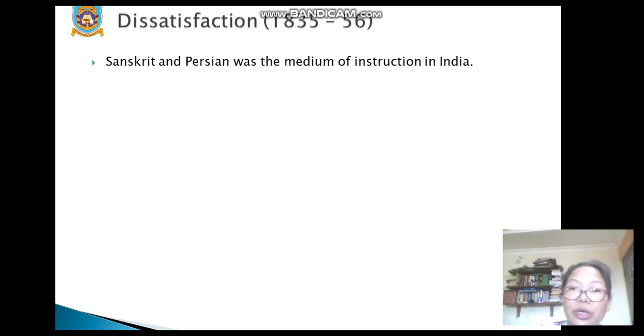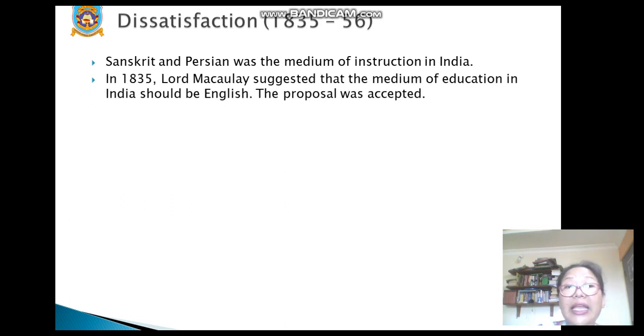So Sanskrit and Persian were the medium of instruction in India, and in 1835 Lord Macaulay suggested that the medium of education in India should be English. Thus the proposal was accepted.